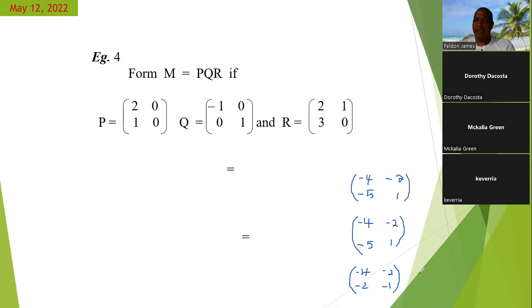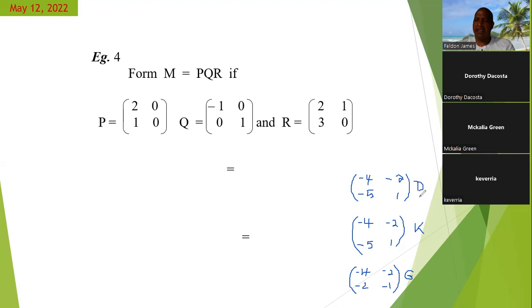All right. Okay. This is Miss Green, right? Is that yours, Miss Green, the second one? Yes, sir. The last one is mine. And this one is Miss Cabrera. Yes, sir. And this is Miss Dorothy.